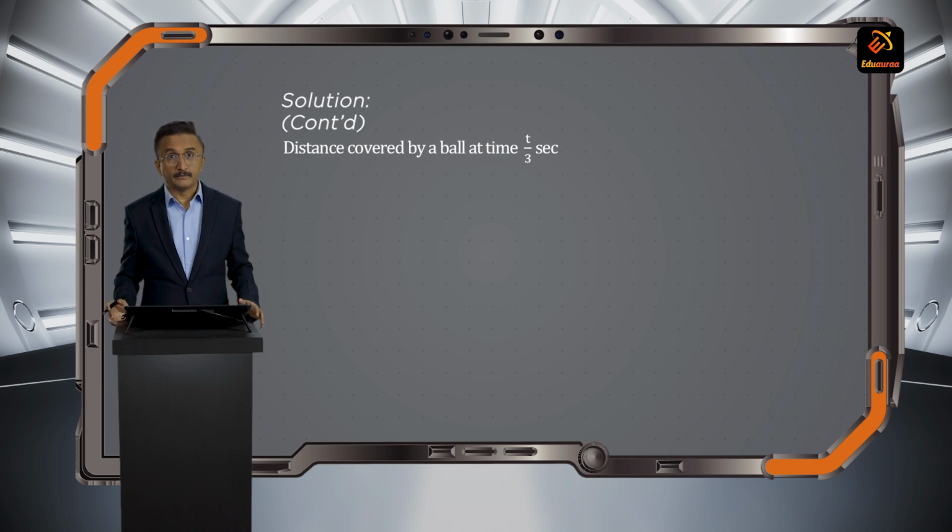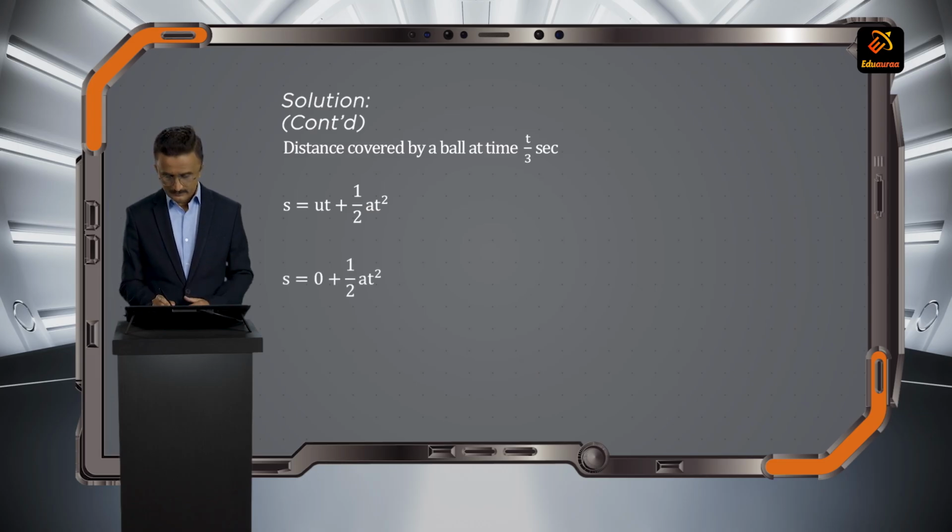Now the second part. What is the distance traveled by the ball in t by 3 seconds? So now s is unknown. s is equal to ut plus half a t square.